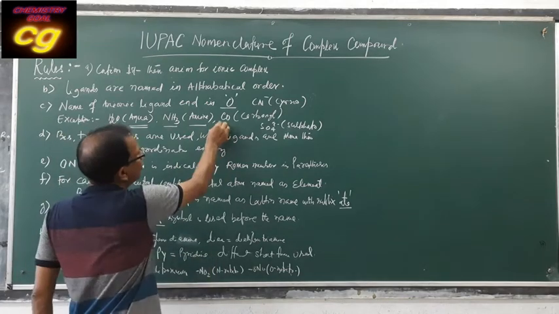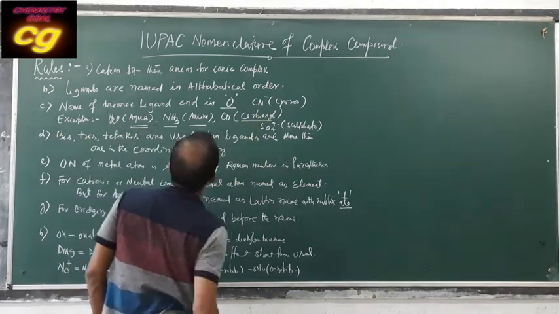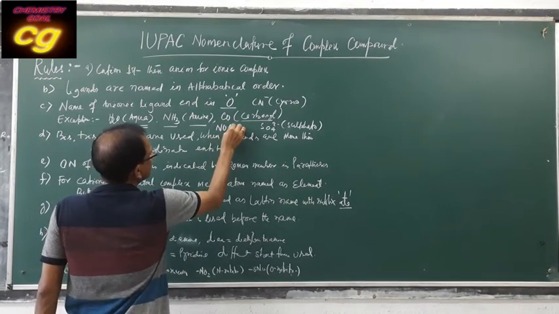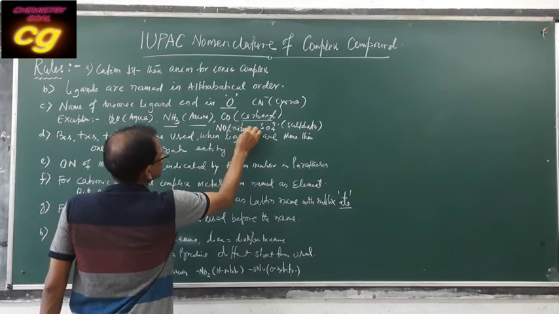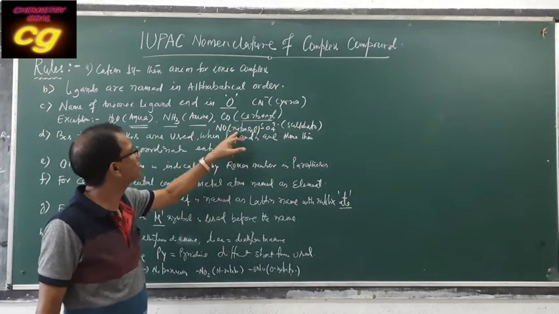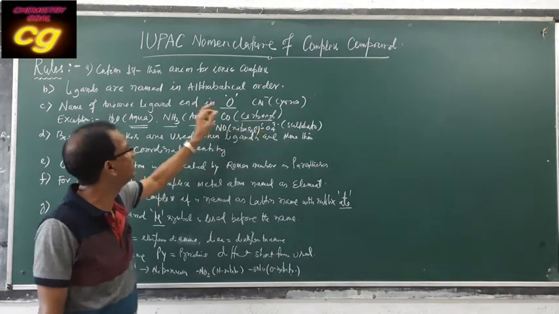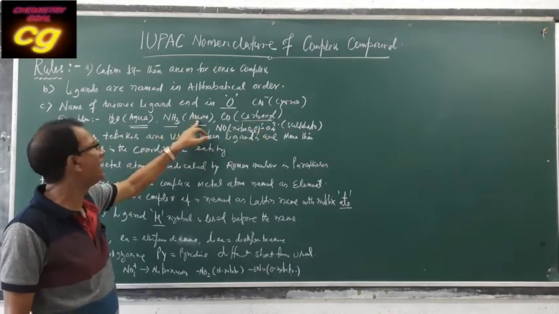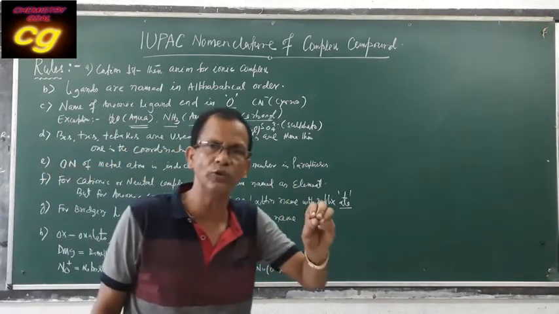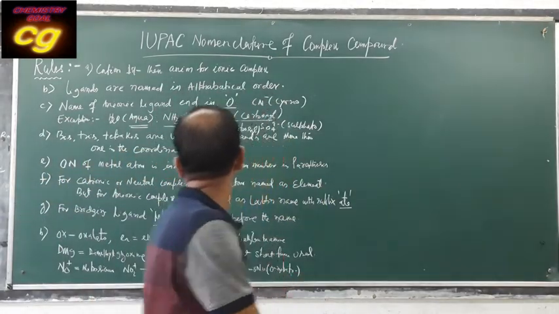For CO it is carbonyl, and for NO it is nitrosyl. Some specific names will be used in the nomenclature.